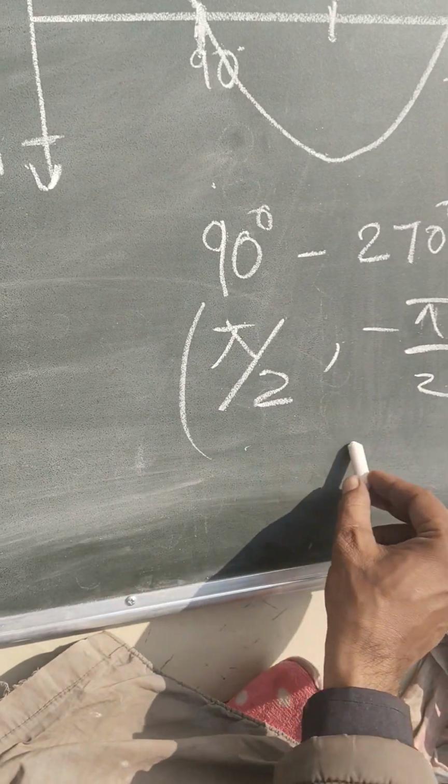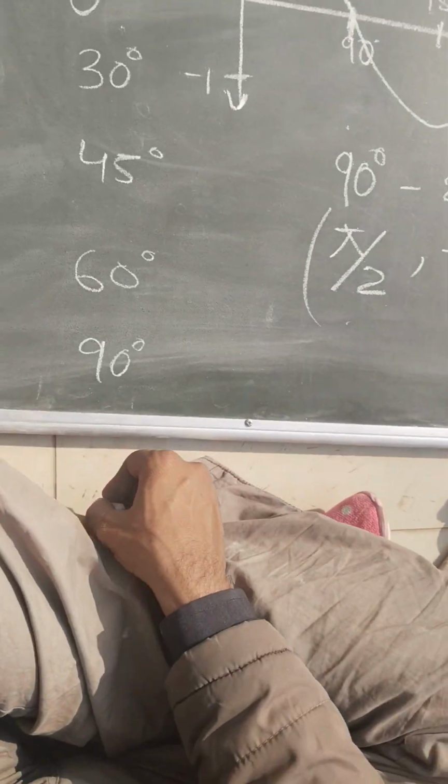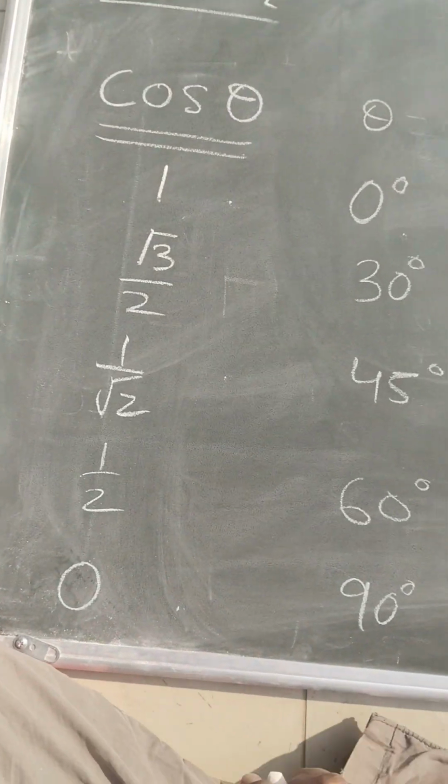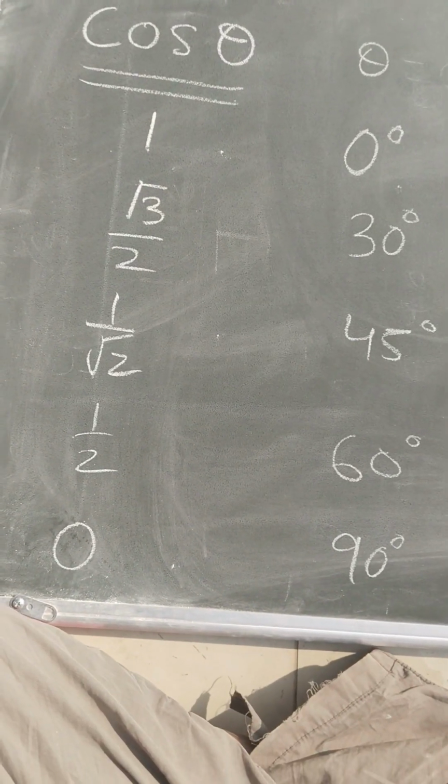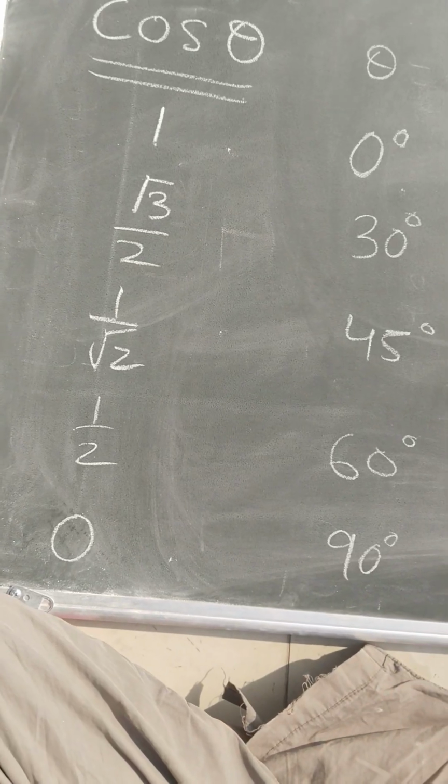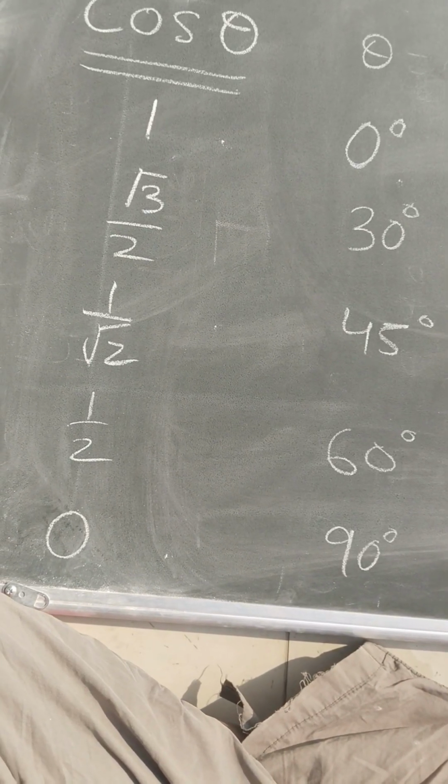In this region cos is negative. So whenever the angle lies in this range, the work done would be negative.